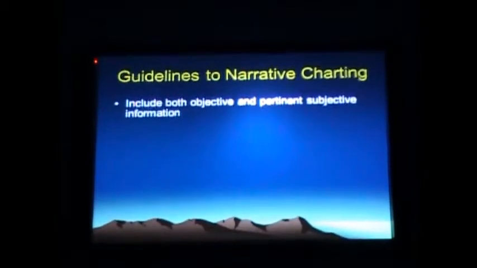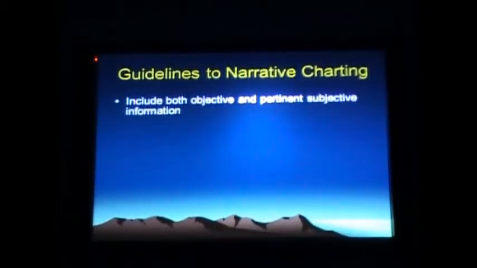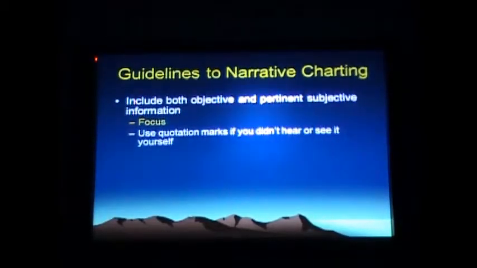When you're doing narrative charting, having both objective as well as pertinent subjective information is important as you stage that call and do that SOAP format, which I think is what most of us do. Once you do a generalized assessment, you may identify and focus in on a particular system or problem, and that's okay.